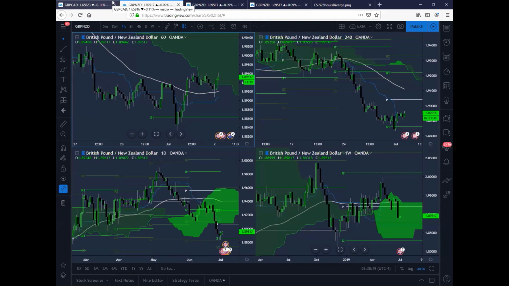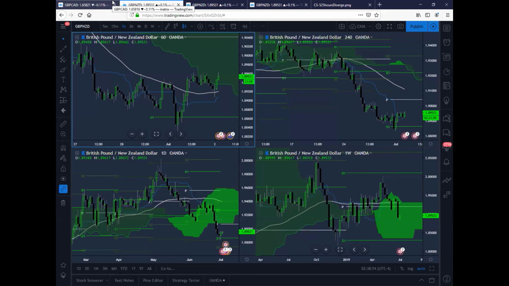If I'm a little quiet, it's just because I'm getting the pips together. 100, 100. And the risk. There we go. Yep, there we go. Perfect. Submit.